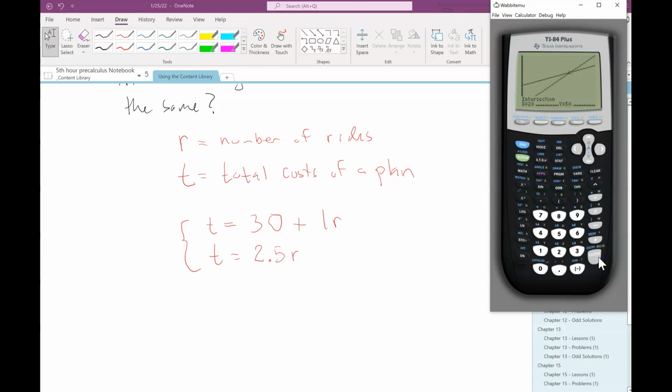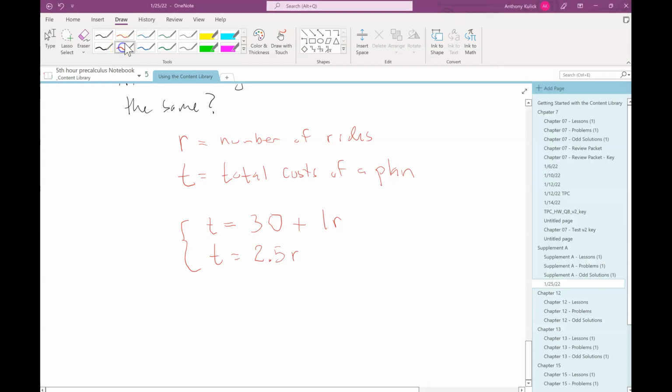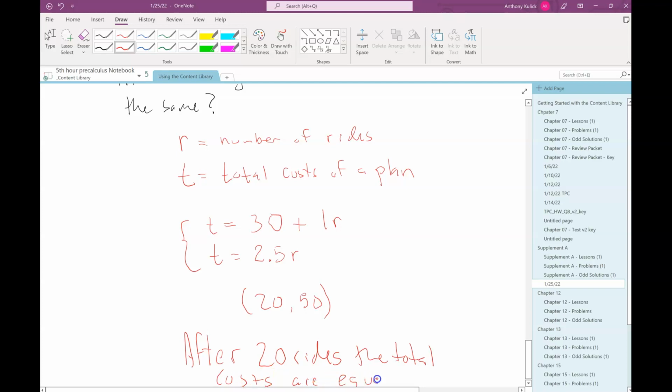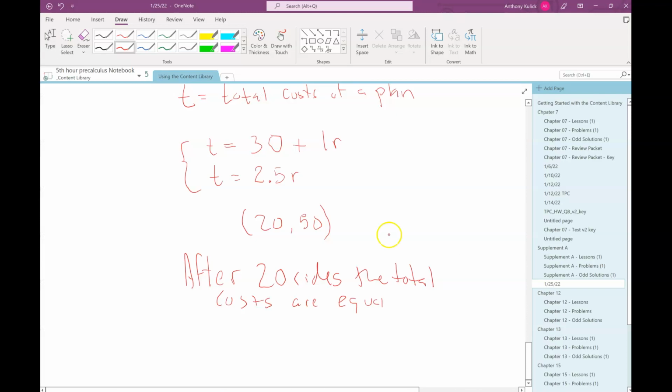That gives me the point (20, 50). So I would answer then: after 20 rides, the total costs are equal, or something to that effect.